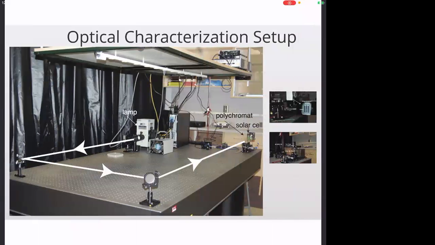So in order to prove that these things work, we can of course do this in sunlight, we can take it outside, but the sun is not a very reliable source because you have cloudy days and it cannot be controlled very well. So we have to build an artificial sun, which we call a solar simulator. In my lab, we built something which looks like this, which is I would say a poor person's solar simulator.